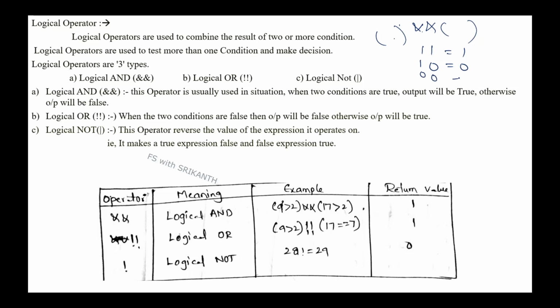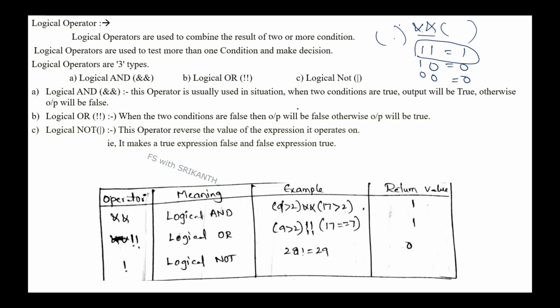Both conditions false, it will be false. So this is logical AND. Logical AND checks the condition. If the condition is true, it returns true, otherwise the output will be false.